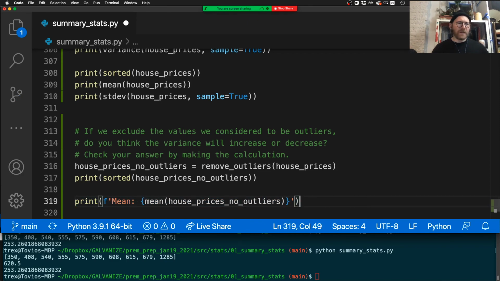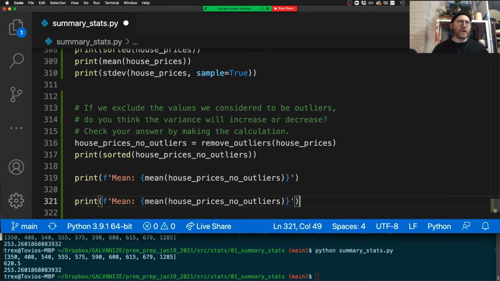And let's get the variance, and keep in mind, this is the sample variance.